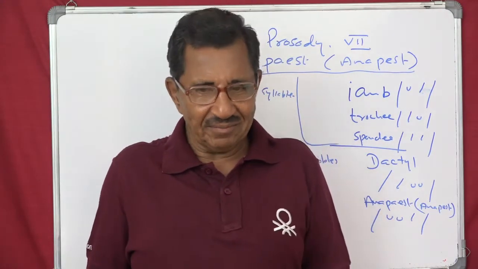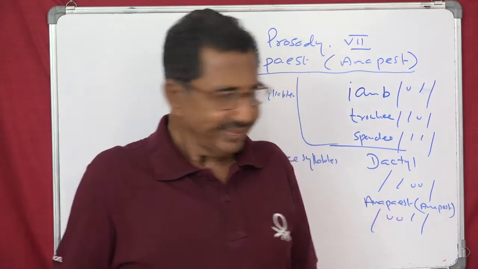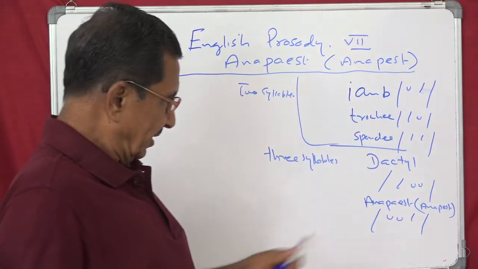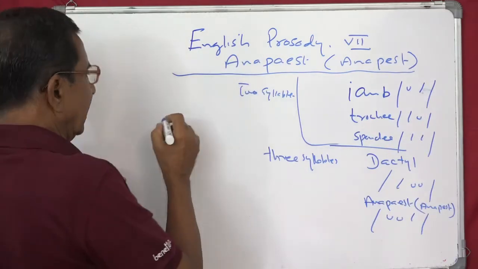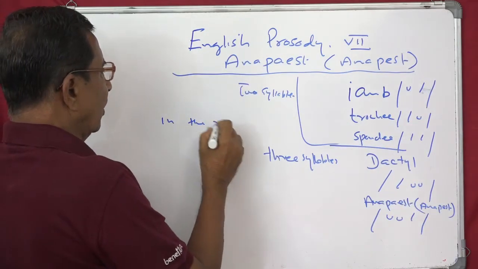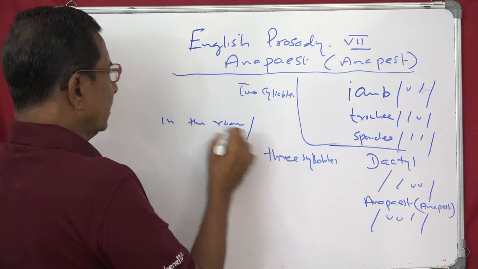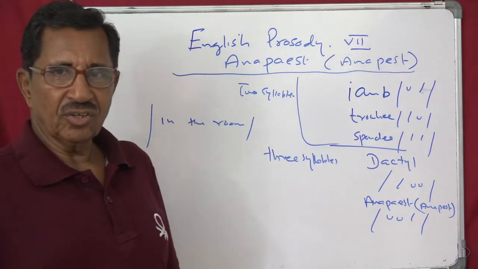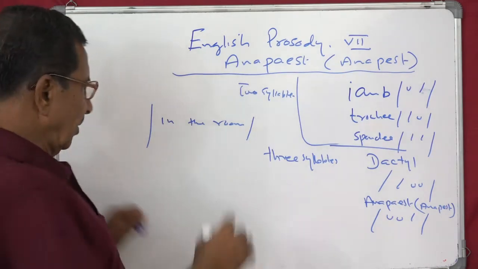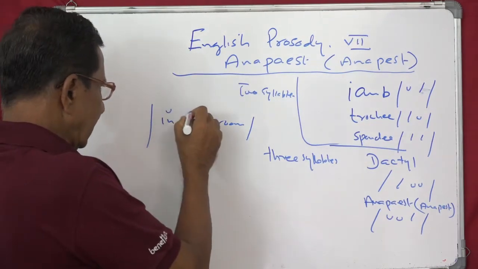For example, we say in the room. See, in the room. So this is an anapaestic foot. You have got unstressed, and stress.